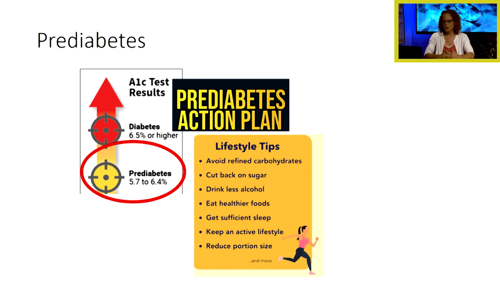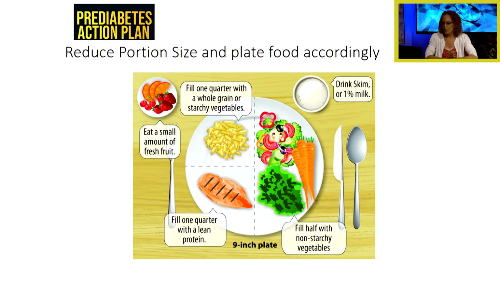Because these all show that they can help a pre-diabetic get their blood sugar under control so that they don't necessarily develop into full-blown type 2 diabetes. So reducing portion size and plating food accordingly is one of the steps in a pre-diabetes action plan.